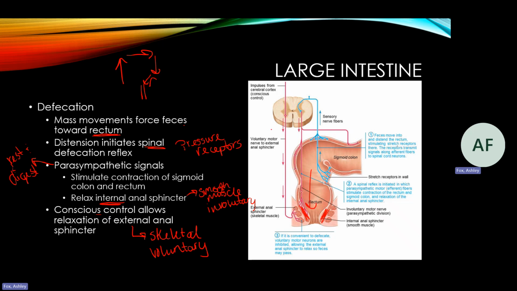And then once you're ready, you do have input to your cerebral cortex to say, hey, you do have to defecate. And then you have a motor input to the external anal sphincter because you need both relaxed. So this is already relaxed and you're just waiting for the external to relax. So when it's convenient to defecate, then you voluntarily defecate because this is part of conscious control, or voluntary.